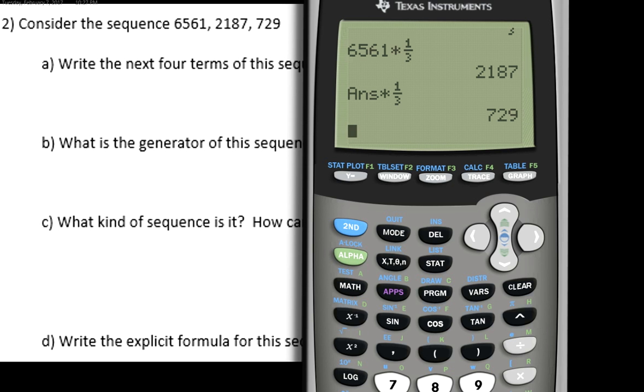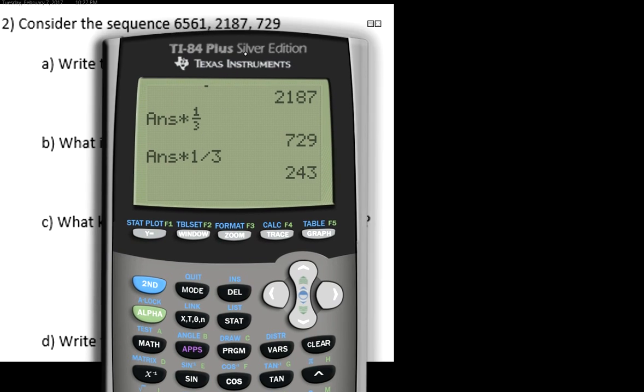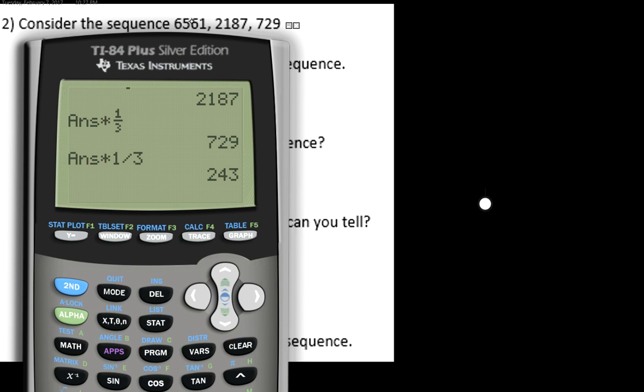So I need to get the next four terms here, so I'm going to continue multiplying by 1/3. I'll just do 1 divided by 3. The next term is going to be 243.